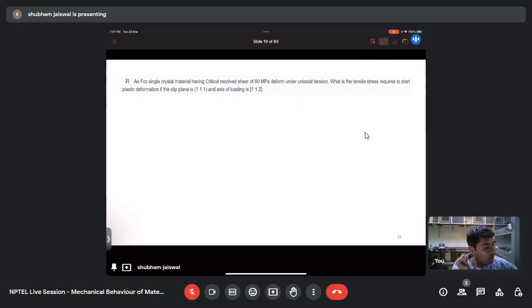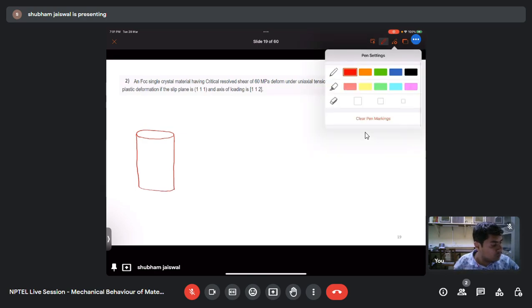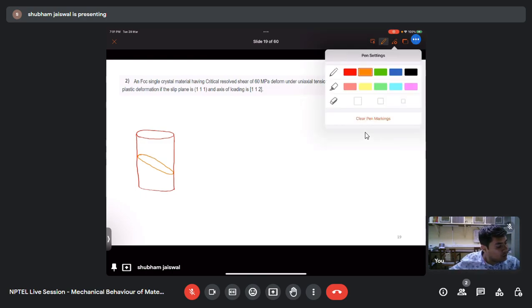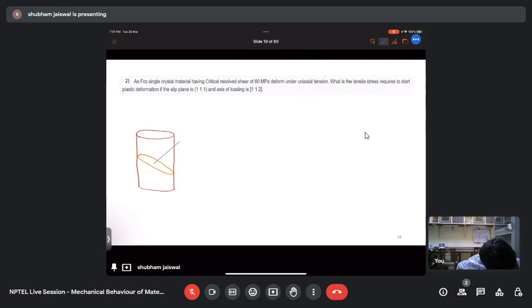For your better understanding, I will draw the figure and then you will try to answer it. Let's say this is my plane, the normal. This is the slip plane, that is 1 1 1. And we have the axis of loading as 1 1 2.